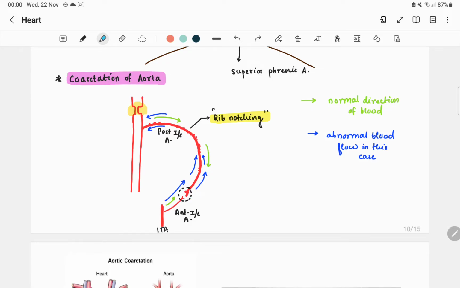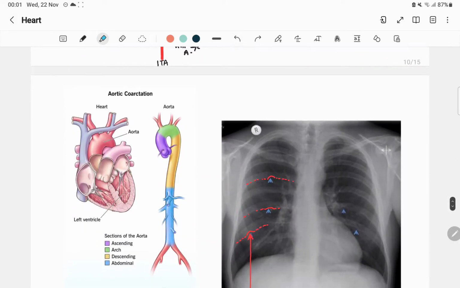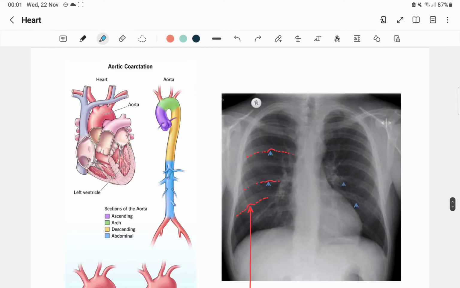If there is abnormal flow of blood in this manner, the blood pressure will increase, and this will lead to this coarctation, the narrowing down of the aorta, and this is called the coarctated aorta.